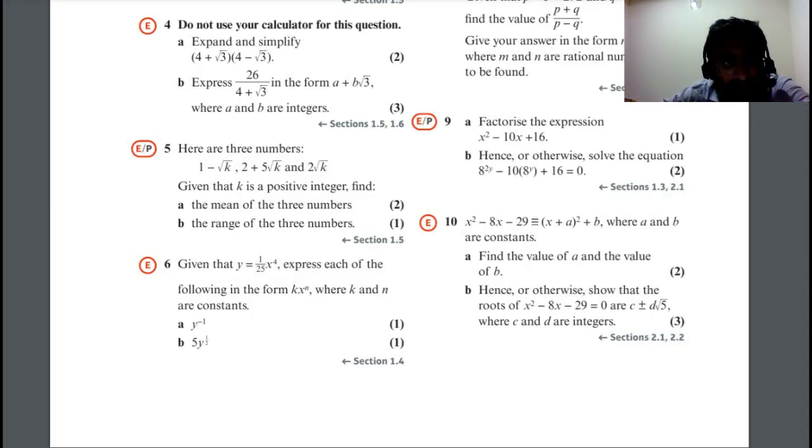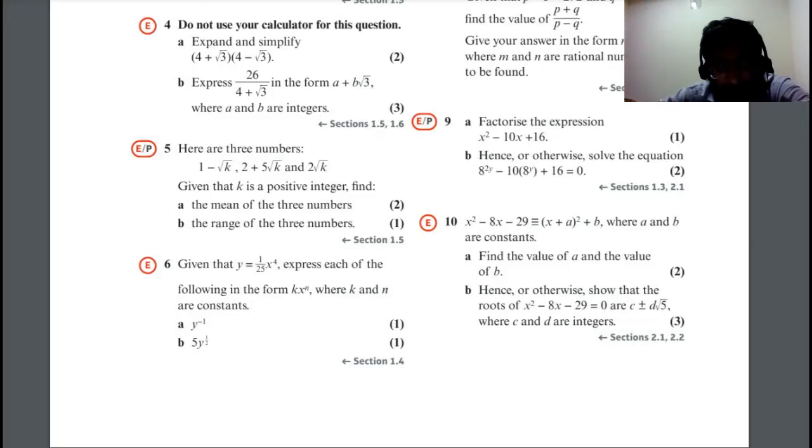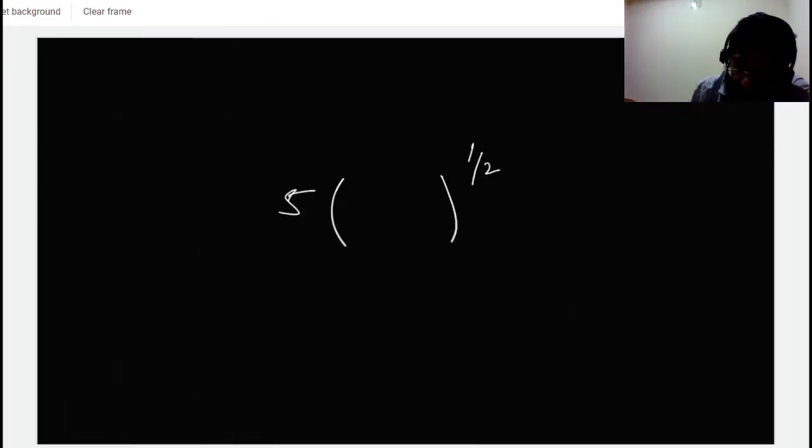I've got 5y raised to the power half. So 5y raised to the power half. Y is 1 by 25 x raised to the power 4.